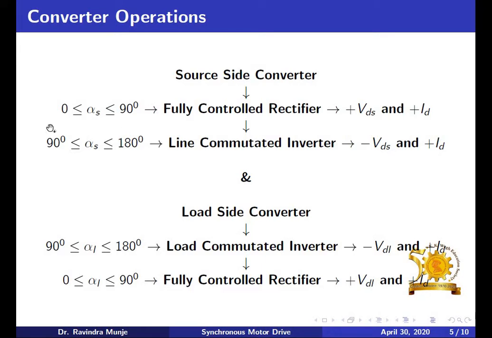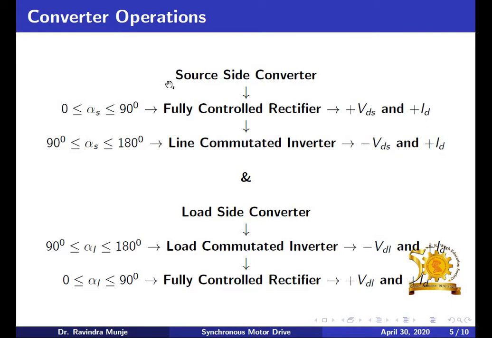Whereas when the firing angle alpha S is in the range of 90 degree to 180 degree, it acts as a line commuted inverter, giving negative VDS and carrying positive ID. In that case your voltage is negative whereas current is positive, right?